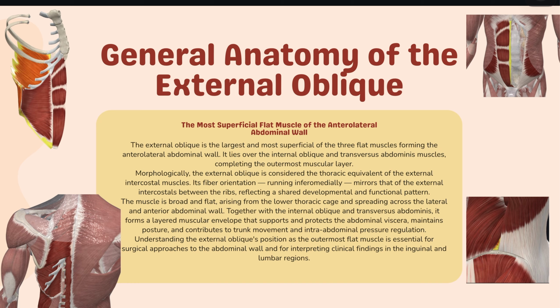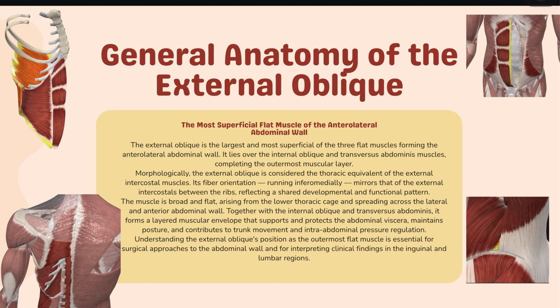It lies over the internal oblique and transversus abdominis, completing the outermost muscular layer. Morphologically, the external oblique is considered the thoracic equivalent of the external intercostal muscles. Its fiber orientation, running inferomedially, that means hands in pocket positions, resembles the external intercostals between the ribs.